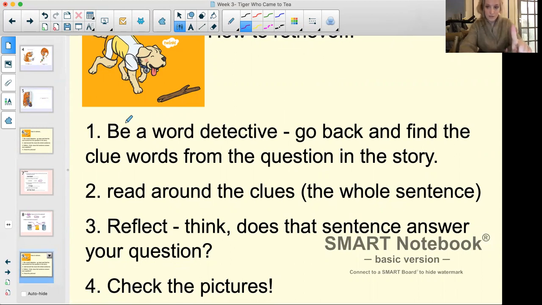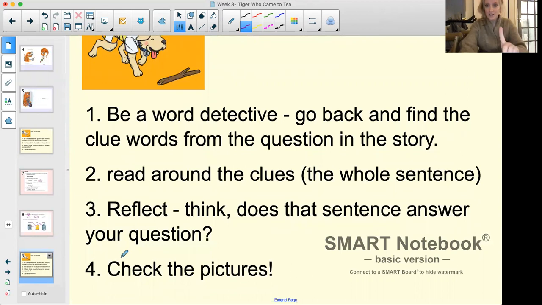Find it and point to it with your finger in the story or on the screen. Number 2, read around the clues. So we don't just read that clue word, we have to make sure we read the whole sentence that's around it. Number 3, reflect. Think, does that sentence answer our question? Does it tell us what we need to know? And number 4, check the pictures, because we can always get really good clues from the pictures.